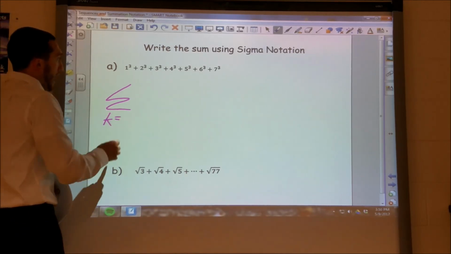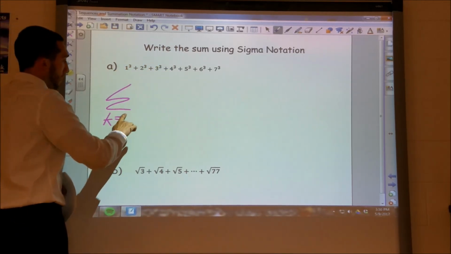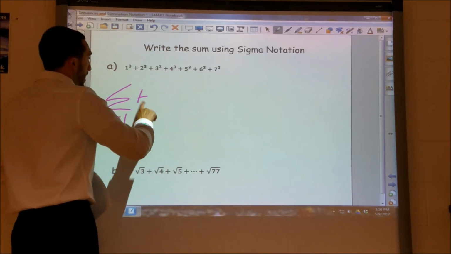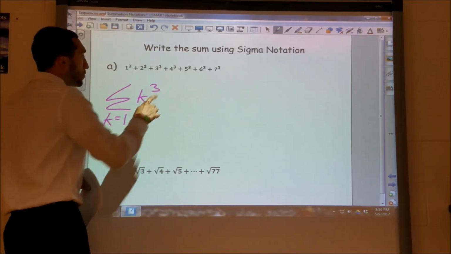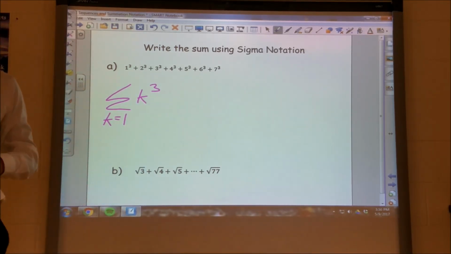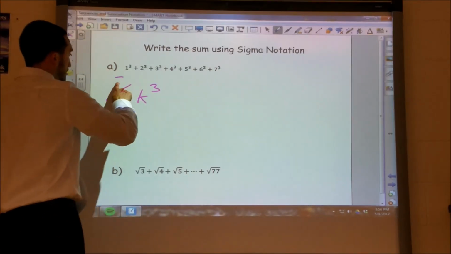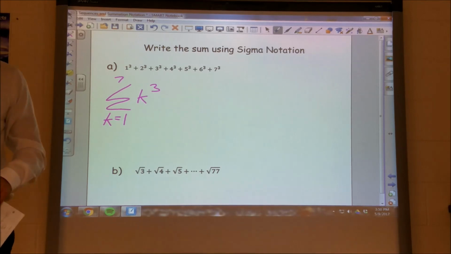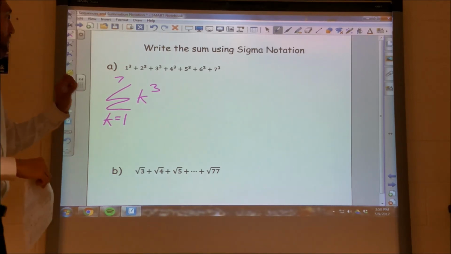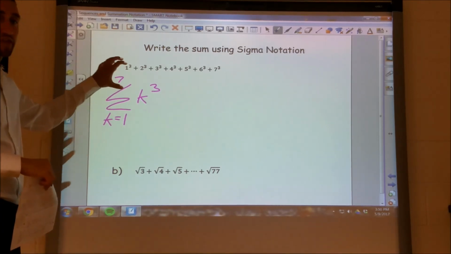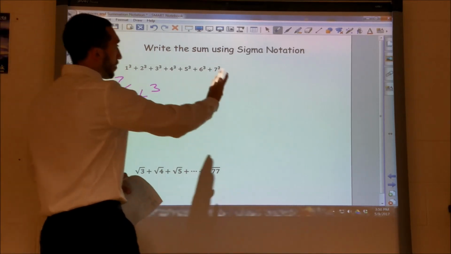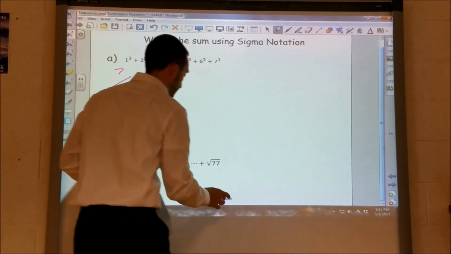So k, I think we can see here what the pattern is, right? k is starting at 1, and I'm cubing whatever value is inputted for k. And my k is starting at 1, going to 7. So now I've written that series using sigma notation, much neater and more condensed than writing the entire sum out.